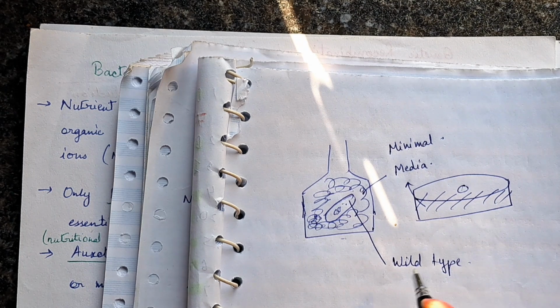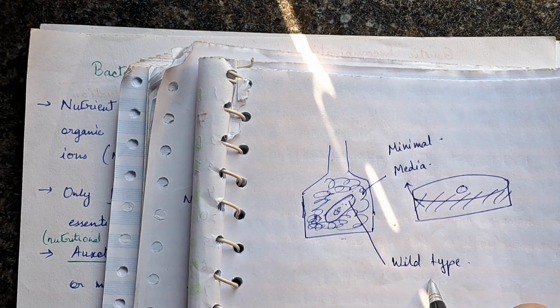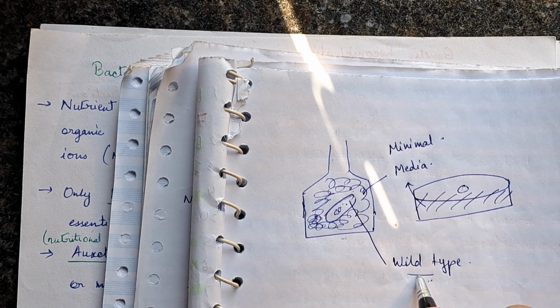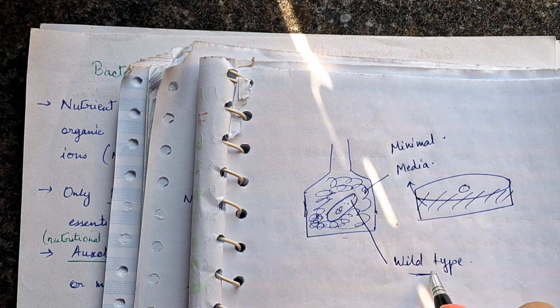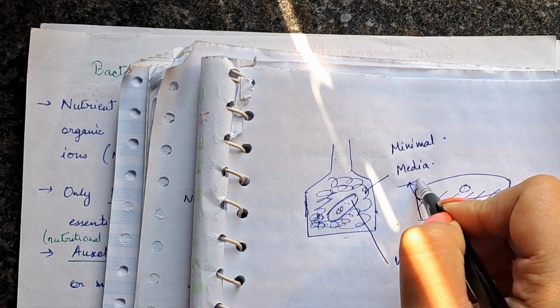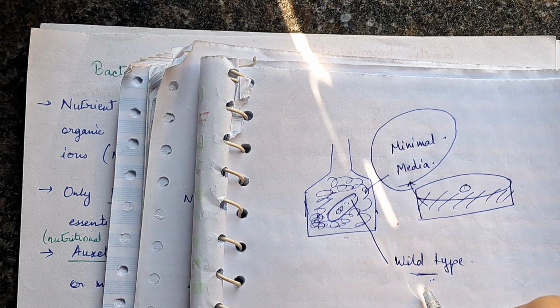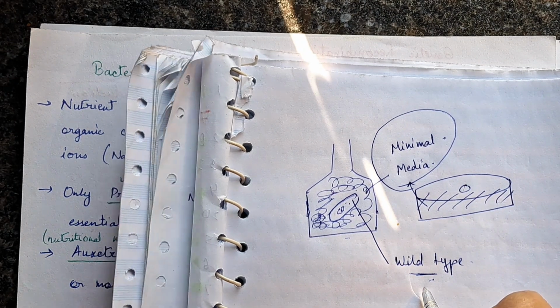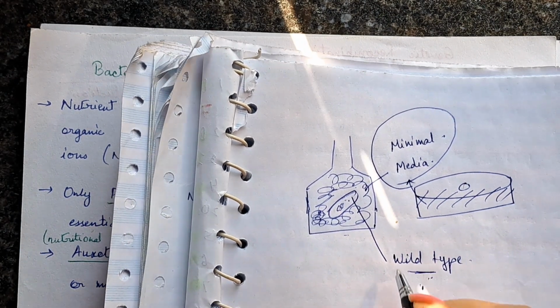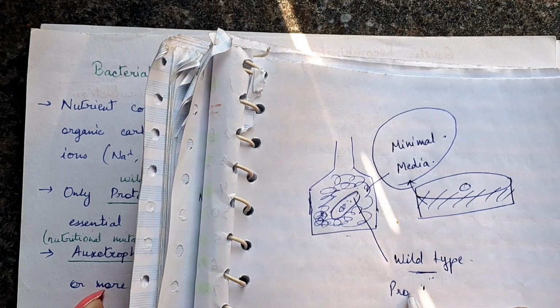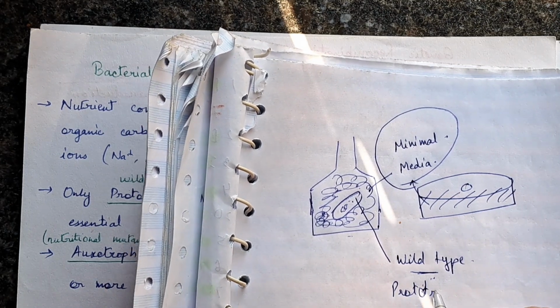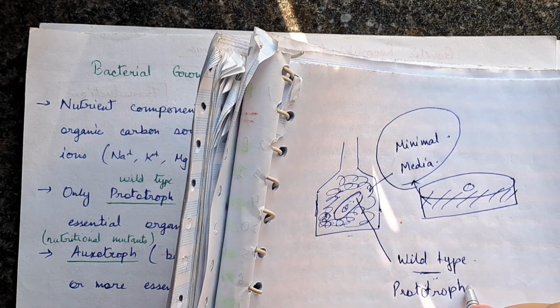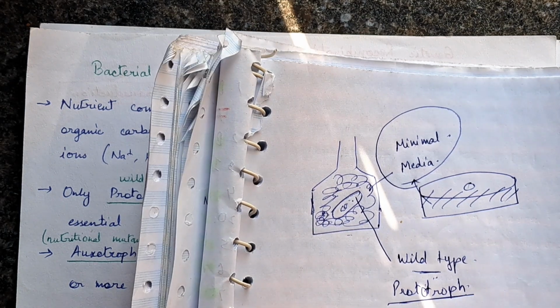That means they can produce all the nutrients they need, and whatever they cannot produce is present within the minimal media, so they can have complete growth. Now this wild type is also called prototrophs.